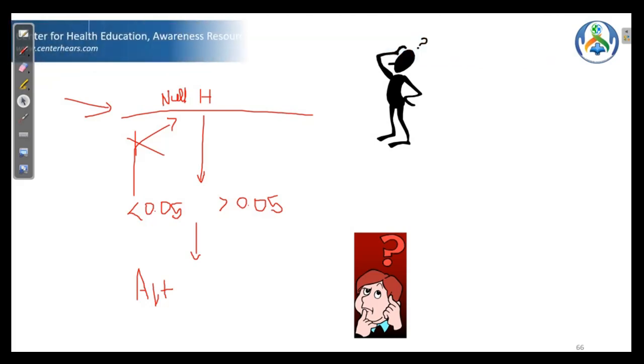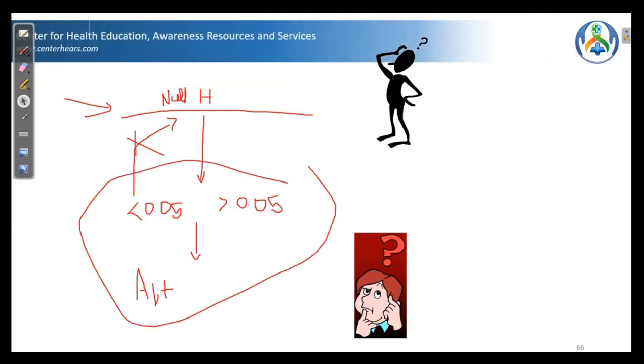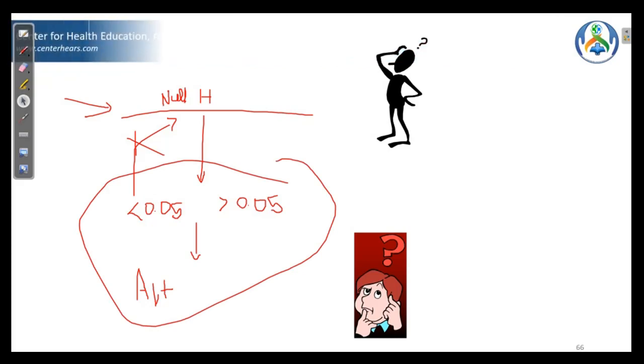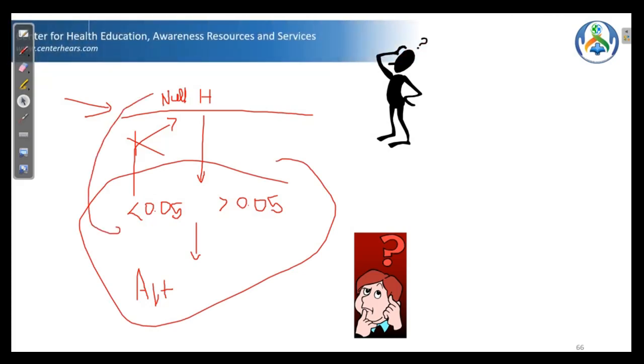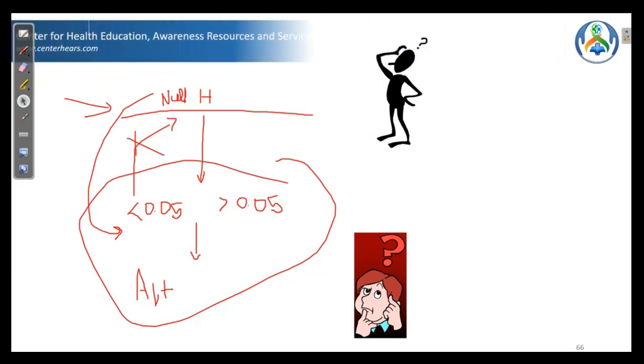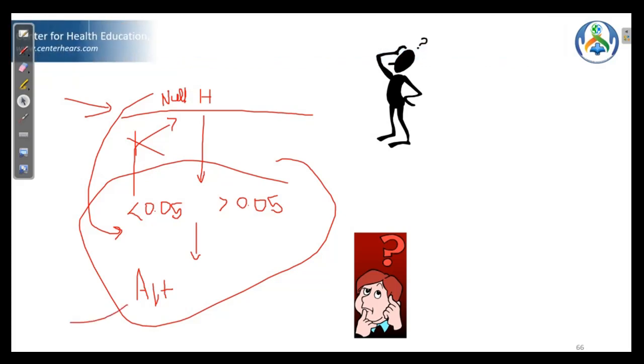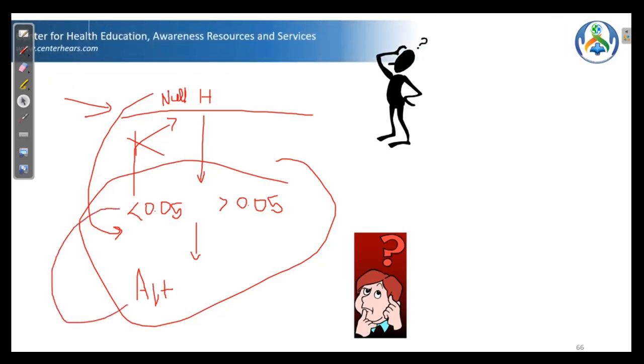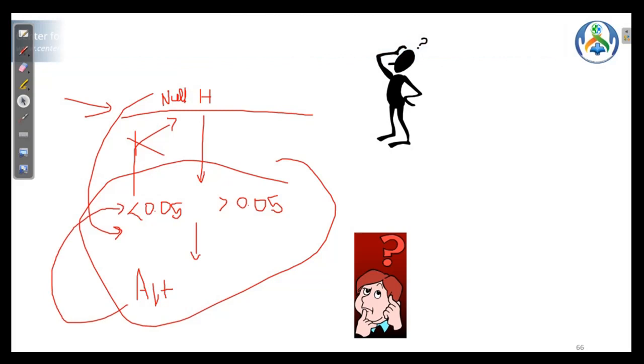It's very important to understand. It is saying that occurrence of the null hypothesis is less than 0.05, that means less than 5%. That means the occurrence of the alternate hypothesis is more than 95%, right?